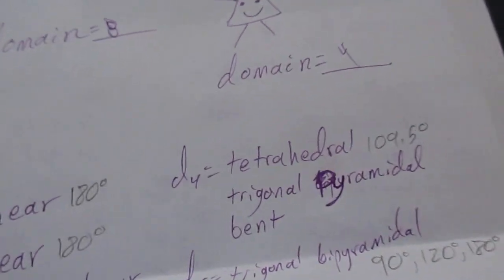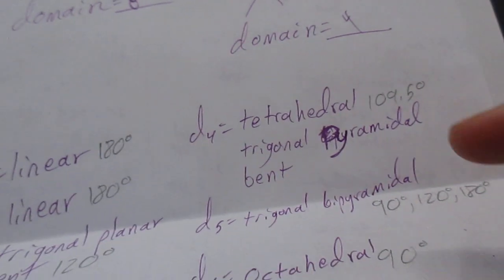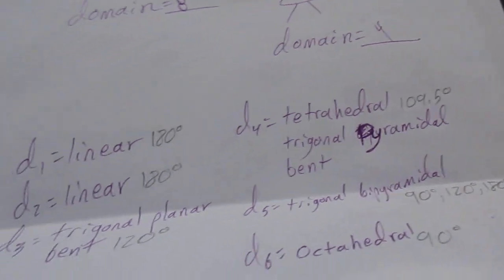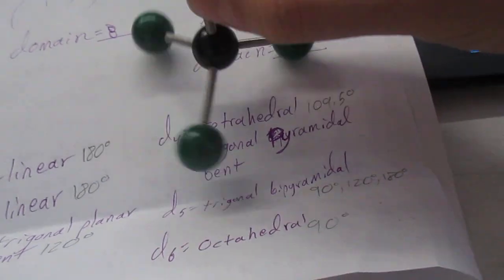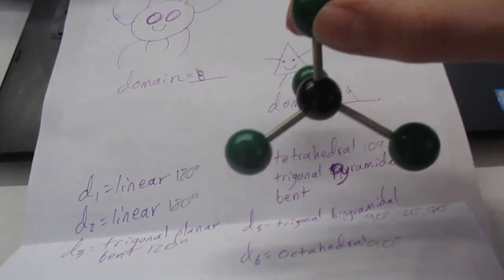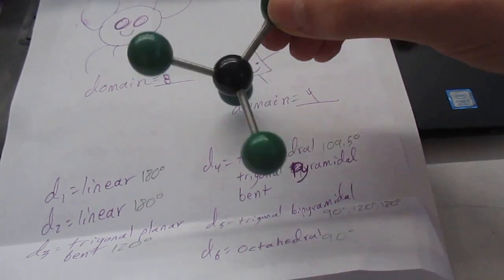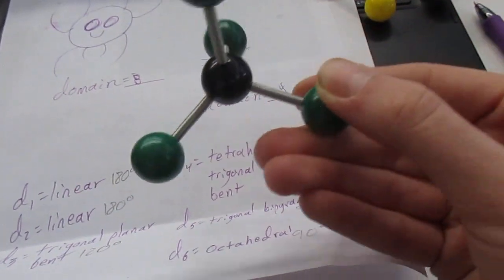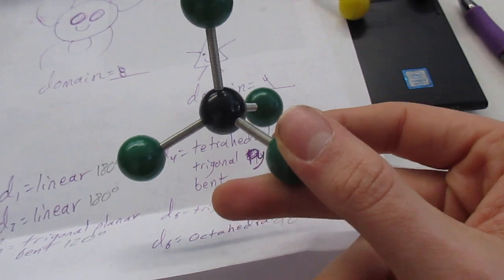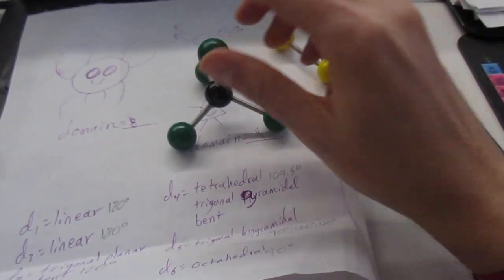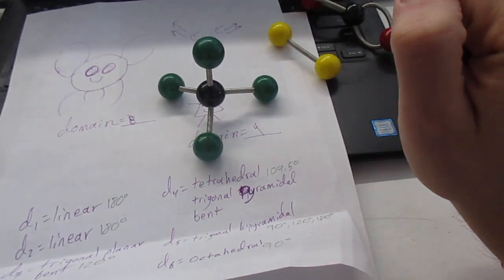Domain 4 is where things get interesting. For these, you can have tetrahedral, trigonal pyramidal, and bent. This is a tetrahedral. Every single one of these bond angles is slightly over 90 degrees, roughly 109.5 degrees. It kind of looks like the Eiffel Tower a little bit, if I position it like that.